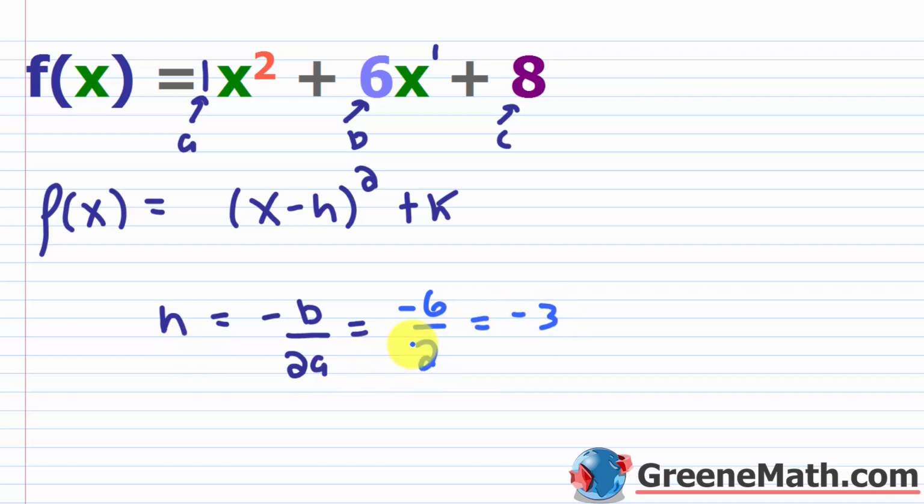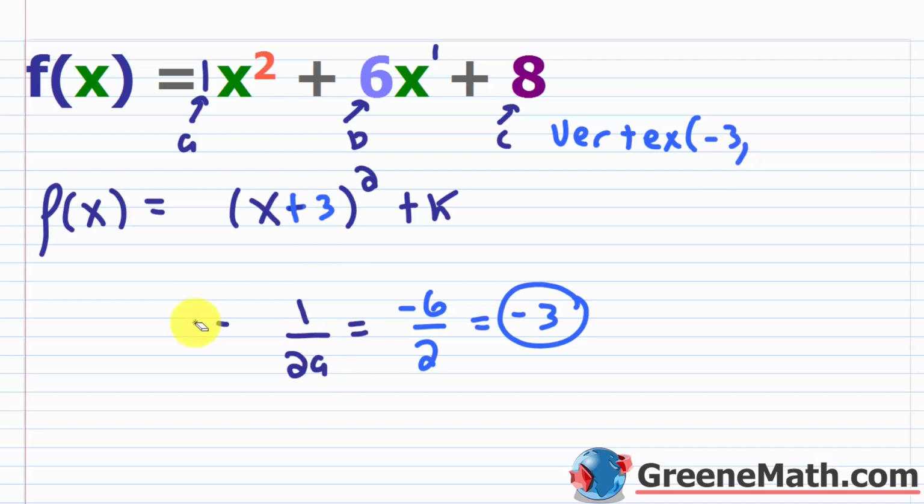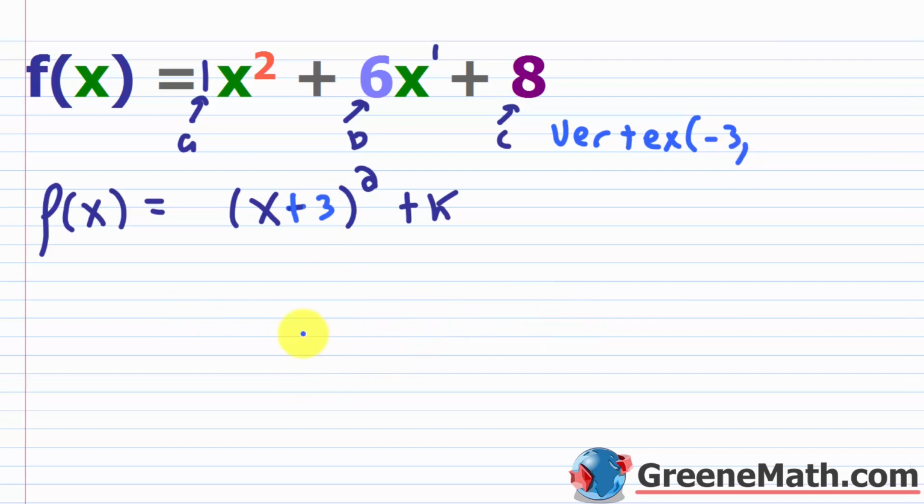So this is the x-coordinate for the vertex. So my vertex here will occur at (-3, and let me just put this in here. If I put minus a negative 3, that would be fine, or I can put plus 3 as well. It doesn't matter, as long as you know this is -3 for that coordinate. So the way we get k is we plug -3 in for x in our function.